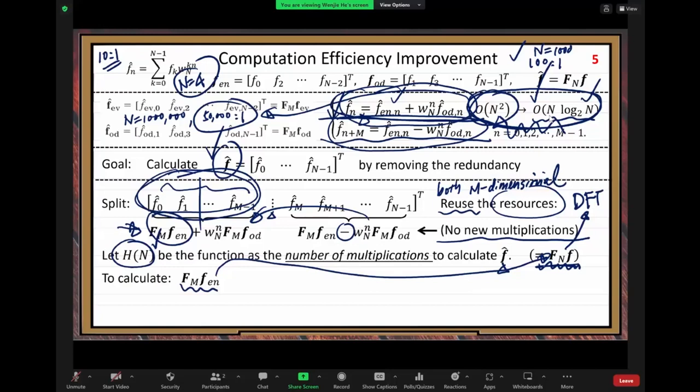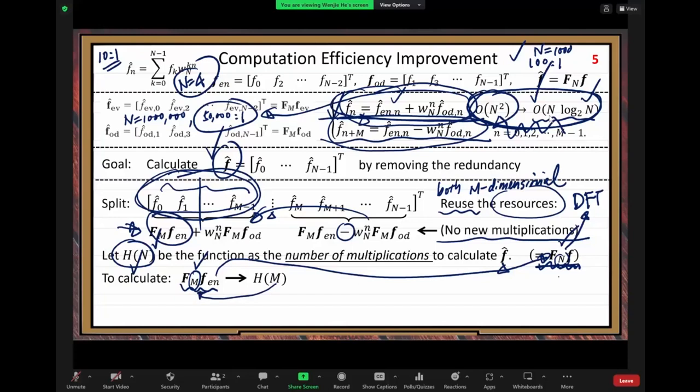The size is different: one is size m, another is size n. When it is size n, the number of multiplications we use is capital H of n. But when we change to size m, naturally the number of multiplications we need is capital H of m, because here m corresponds to the subscript n.